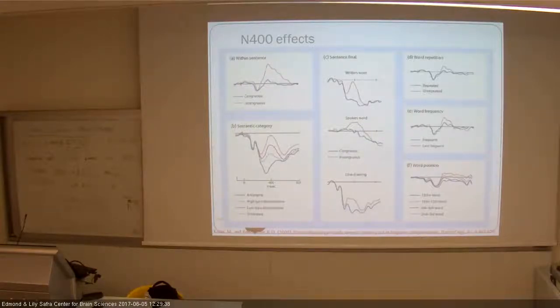If you just use a repetition of words, so either you present the same word twice or two different words, and you look at the response to the second word, so one is repeated and one is unrepeated, you get a bigger N400 for the unrepeated word.